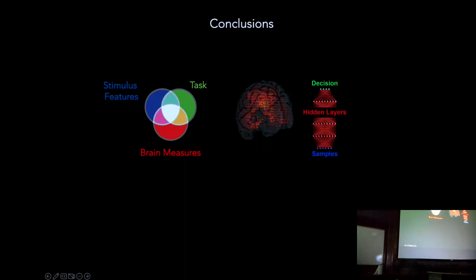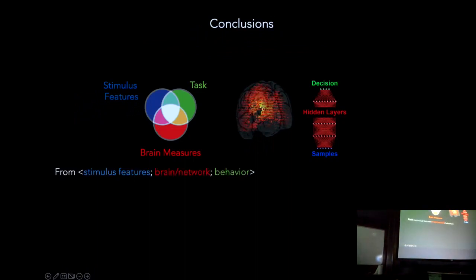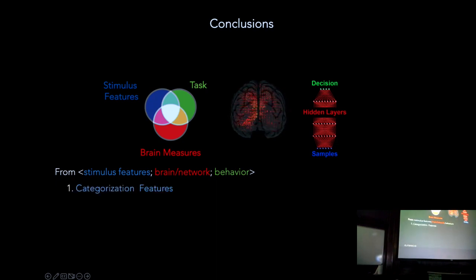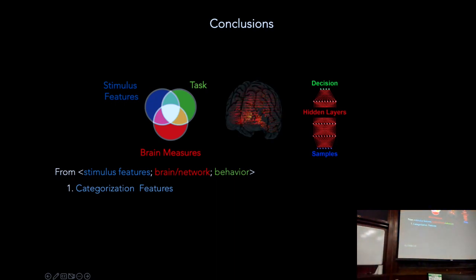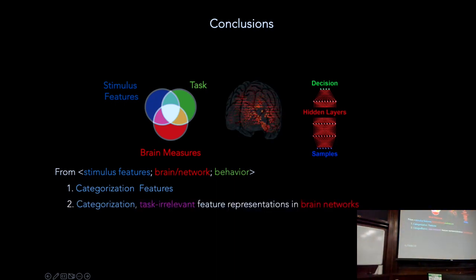All right, so I will conclude to say that we are using very heavily the triple of stimulus features from a generative model, brain and network measures, and behavior, to first infer the features that are relevant for a given categorization task. I'll turn on the light again. We can then track how categorization-relevant features and task-irrelevant features are represented in brain networks, human brain networks or DNN models.